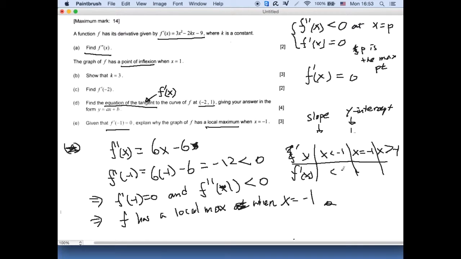So it's greater than 0, 0, and less than 0. So the graph should be like that at this point. Or you can construct a table like that. Then you can also make this argument that the graph of f has a local max when x equals negative 1. Or you can apply the second derivative test. Either way is acceptable. Okay, so that's the end of the episode, and I hope you enjoyed the video.